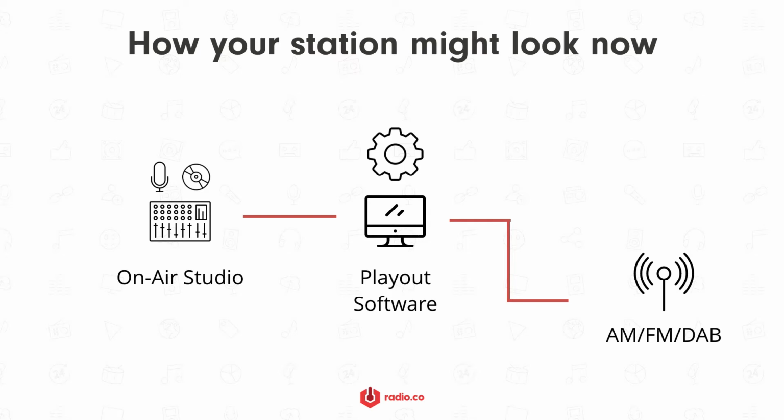Now, Radio.co can act exactly the same as your terrestrial radio transmitter in that you can send us a feed via the internet, and all you have to do in order to do this is install a bit of software that has access to the audio output of your desk. It encodes that audio output, sends it across the internet, and then we handle the distribution. So we act a bit like a transmitter does in a conventional radio setup.